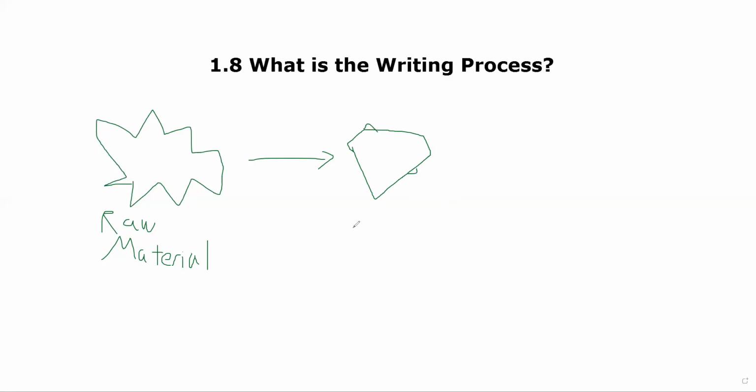This would be our drafting process, the act of smoothing out our material. We are putting our material into order, but it is not quite cleaned up yet. The next step would be revising and editing, cleaning off and sanding away the rough edges so that our emerald is no longer misshapen and ugly, but rather orderly and beautiful.